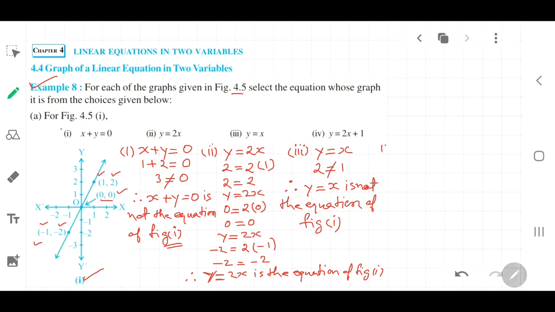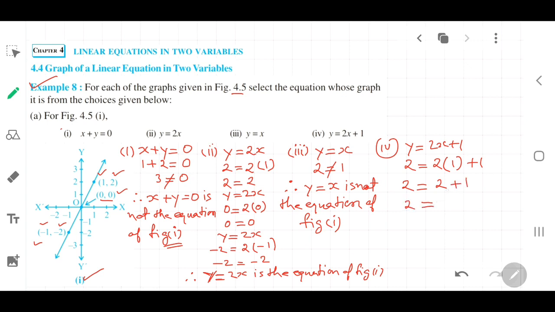So you try the fourth one. Y equal twice x plus 1. Now here what is the value of y given in the first coordinate? Y is given as 2. So you write here 2. Then twice into x. What is the value of x given here? That is 1. So you write here 2 into 1 plus 1. So 2 equal to 2 into 1, how much? 2 plus 1.